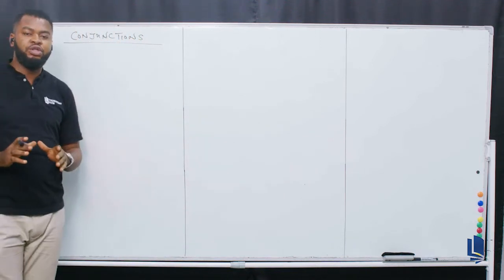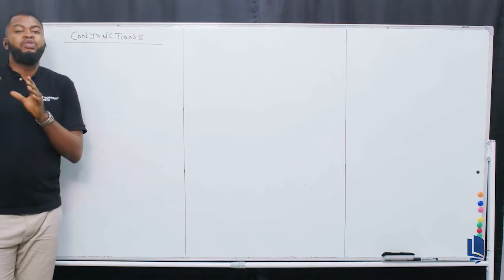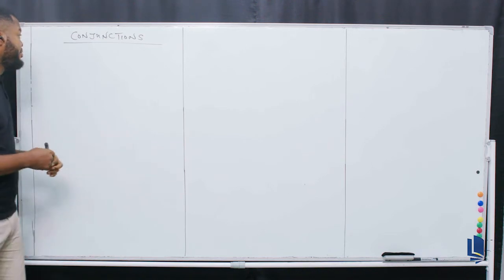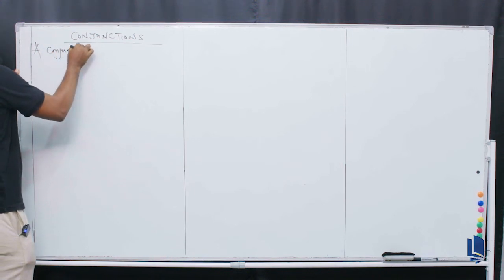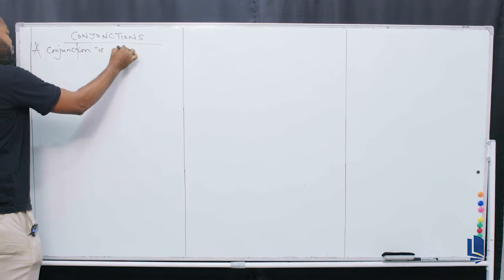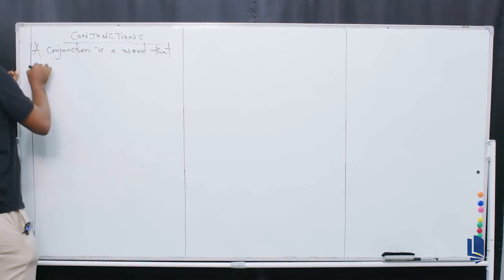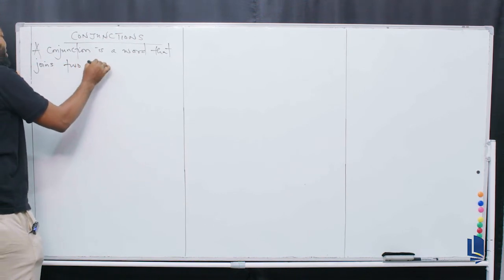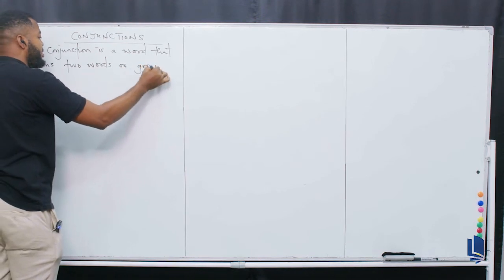Now, let's consider this. What is the meaning of conjunction? Conjunction is a word that joins two words or group of words. Okay? So, the major function is: a conjunction is a word that joins two words or group of words.